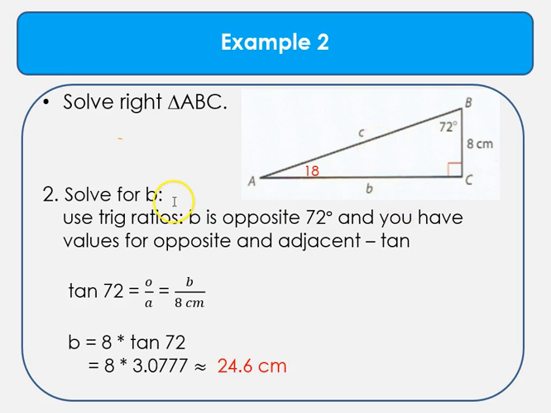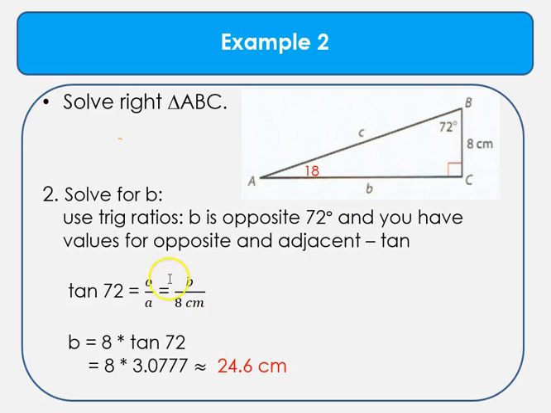So to solve for B, we're going to use trig ratios. There's several different ways to do this, but we'll start with what the book suggests. And you can see that B is opposite 72 degrees. If you look at the 72 degrees, we're going to solve for opposite, and we have adjacent.